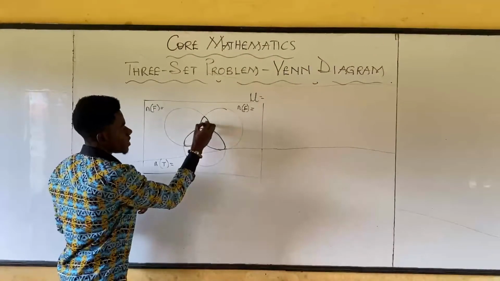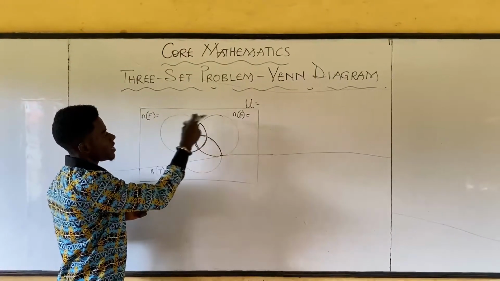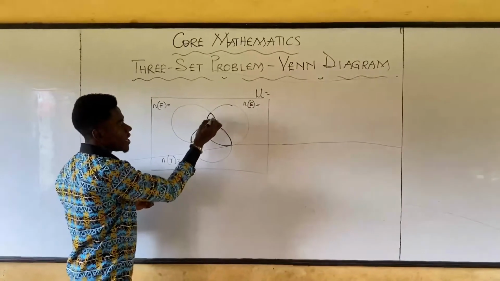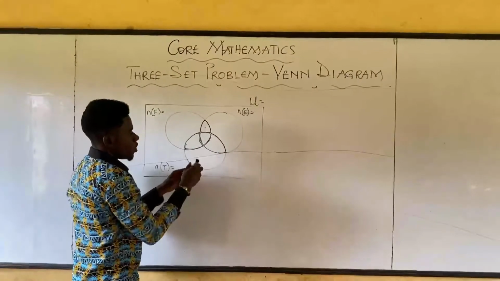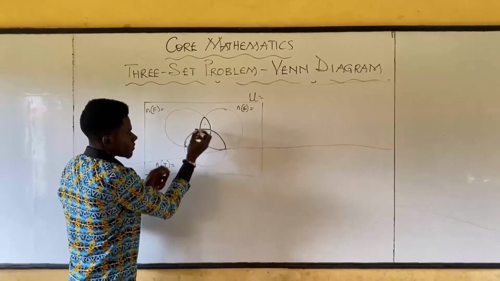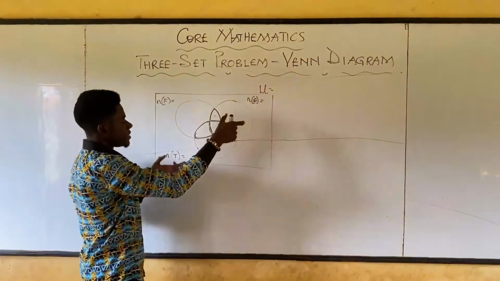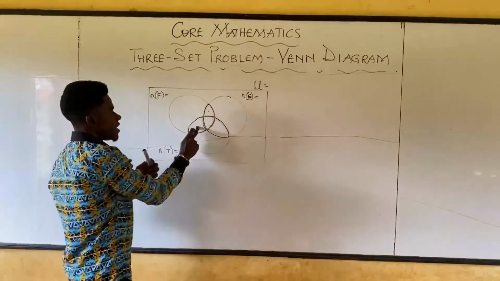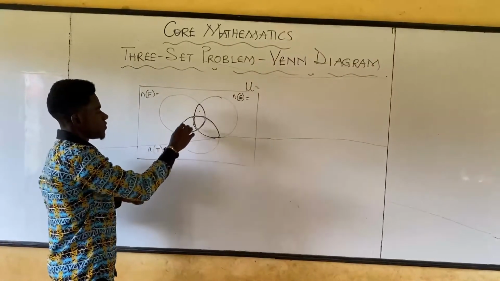So this portion, we call it the number of French intersection English only. When you come to this portion too, it gives you English intersection P only, and this portion also explains French intersection P only.